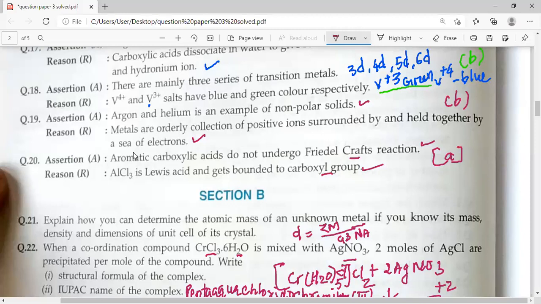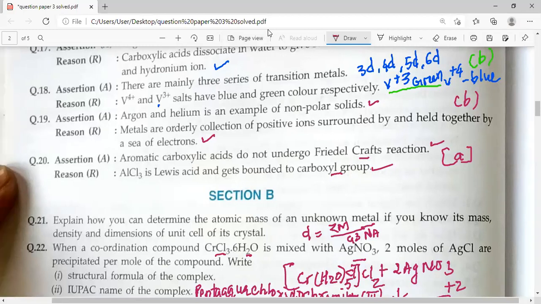We have explained this by the electron sea model, my dear students, and we are well aware that metal bonding is explained by the electron sea model. Both these statements are correct, but reason R is not the explanation of A, and that is why the answer here is going to be B. Both the statements are correct, but reason R is not the correct explanation of A.